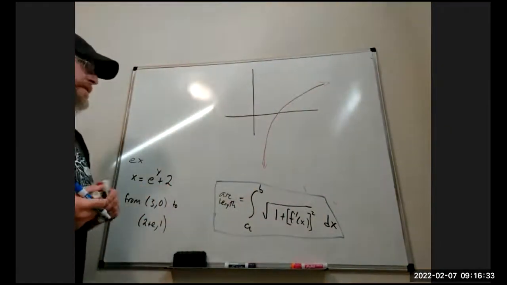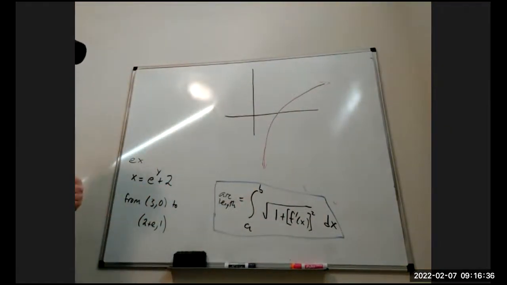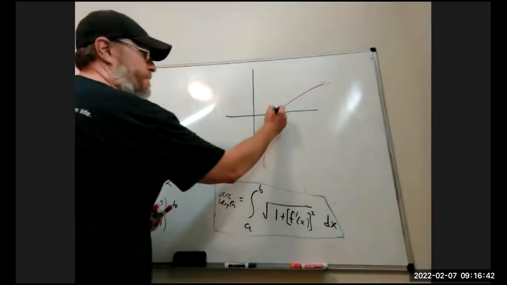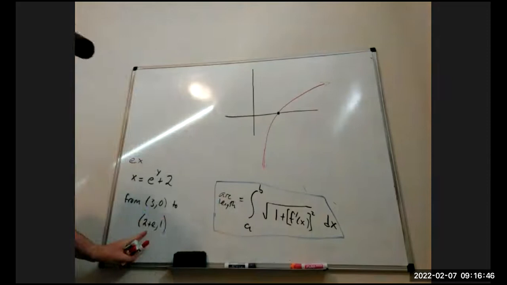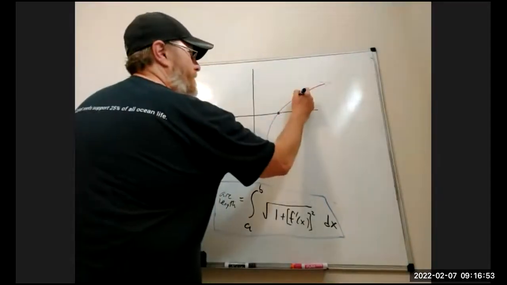So it's going to look something like that. And the points I just gave you, 3, 0, that's this point. And then 2 plus e, e is around 2.7, right? So add another 2, it's around 4.7. Yeah, that's something like that.